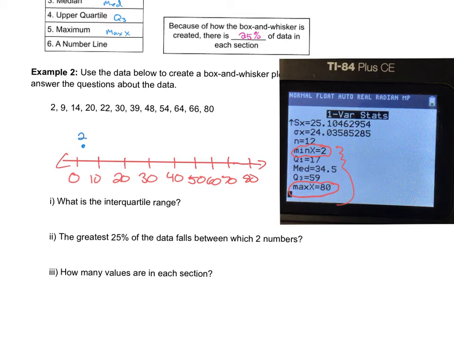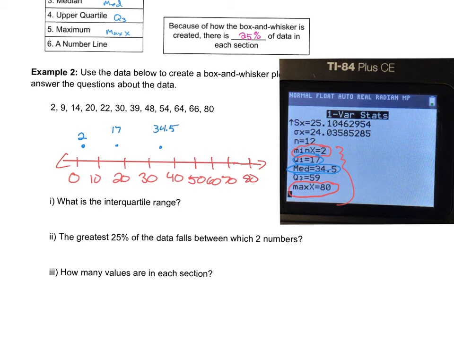Just for these first couple, we'll label each of these key points. We know our Q1, or lower quartile value, is going to be a 17, so that'll be about right here. We know our median is about 34.5, so that's going to be about right here.